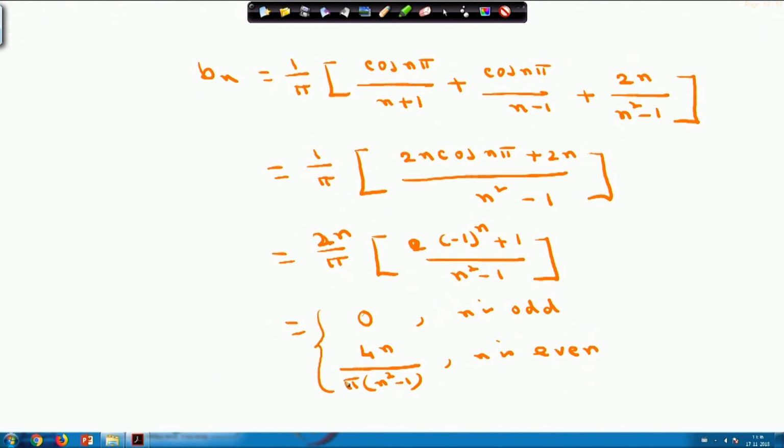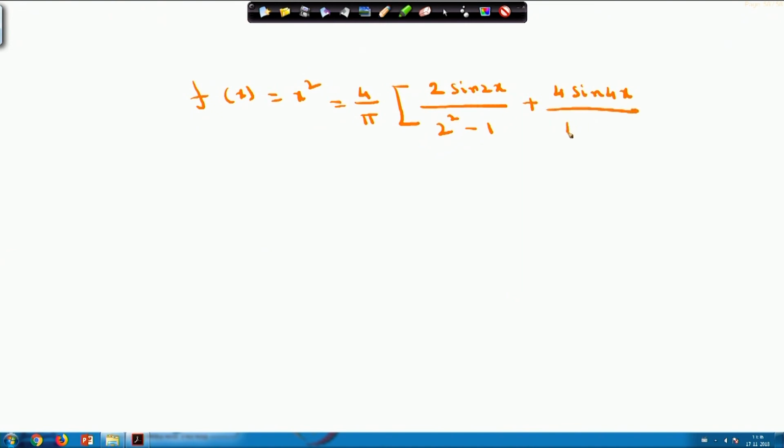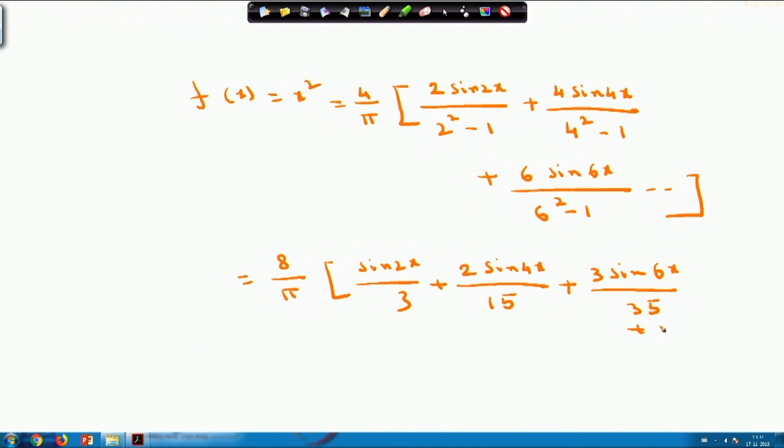We got this thing. So, once I obtain this value, now I can write f(x) = x², this equals 4 by π into [2 sin 2x by (2² − 1) + 4 sin 4x by (4² − 1) + 6 sin 6x by (6² − 1)], and like this way it will go, which after simplification I can write as 8 by π into [sin 2x by 3 + 2 sin 4x by 15 + 3 sin 6x by 35], and like this way it will go.